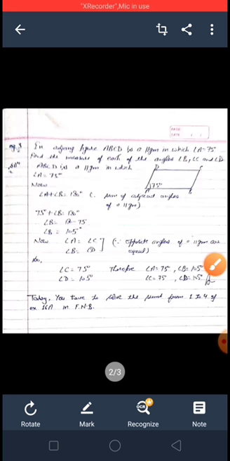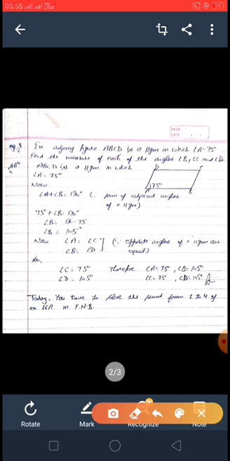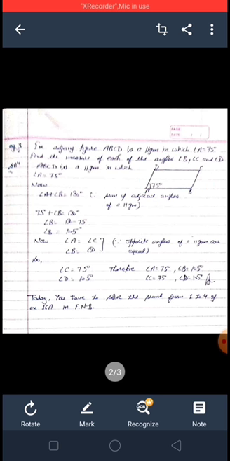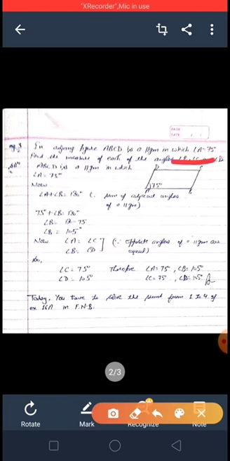Now the next example: in the adjoining figure, this is the figure ABCD, which is a parallelogram in which angle A is given, that is 75 degrees. Find the measure of each of the angles B, C and D. Means you have to find out angle B, angle C, angle D. Clear?